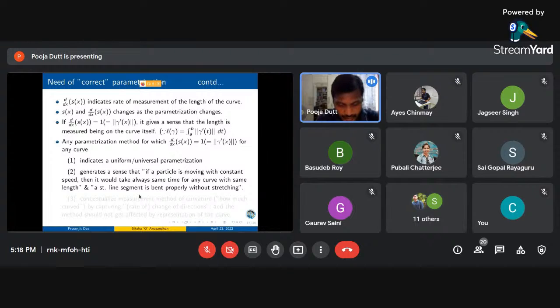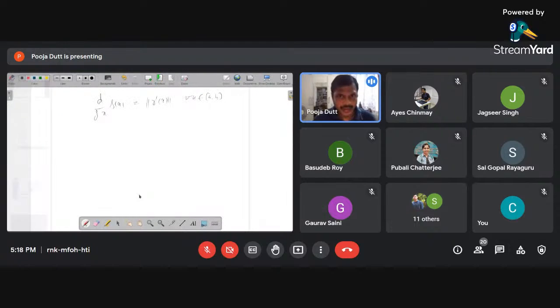It also gives you a feeling: suppose you have two lines. One is a straight line segment, coming from the interval a to b on the axis, and you bend this straight line segment.